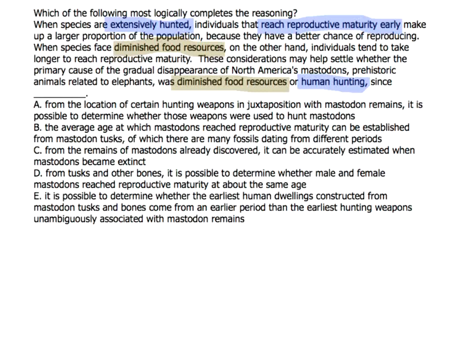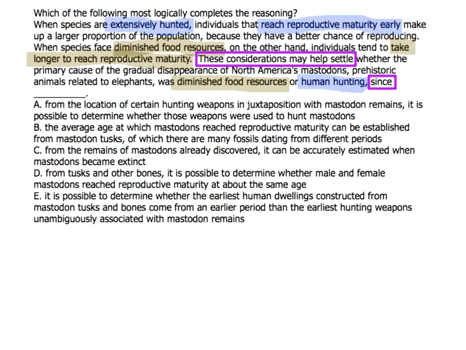Whereas when there's less food around, that goes with the idea of the opposite. There's your correlation. So what we're looking for is that in the case of mastodons, these ideas can help settle that issue.